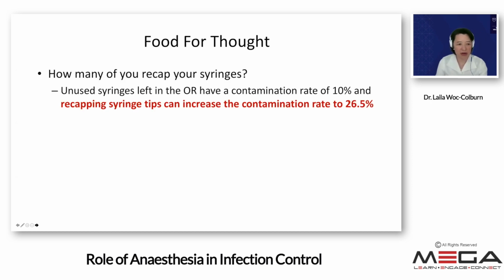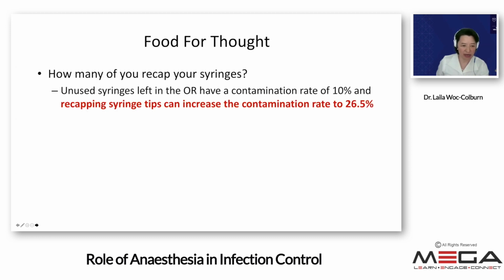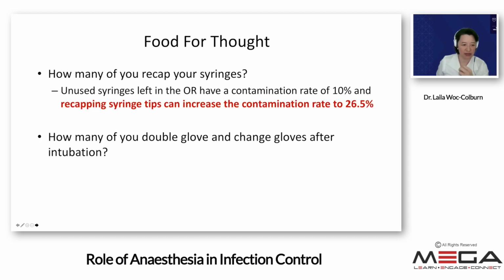Unused syringes left in the OR are contaminated about 10%. Recapping the syringe tip can increase the contamination rate to 26%. So you think, well, how can it contaminate? Can this be a part of causing your catheter-related infections?